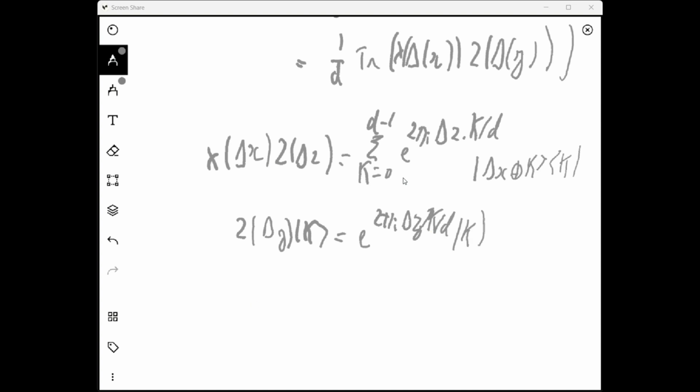And so if you just apply x, you just have delta x that comes into it across.